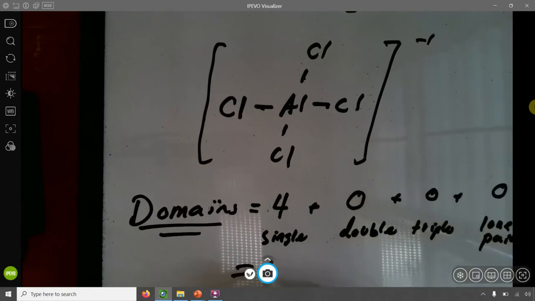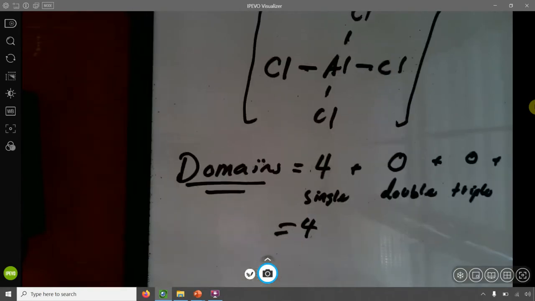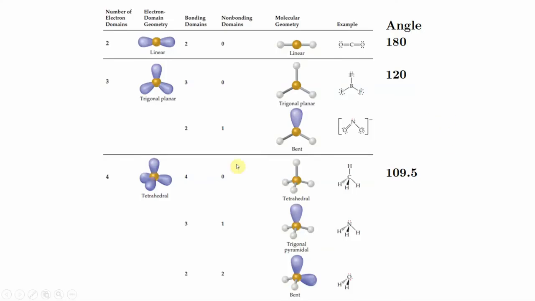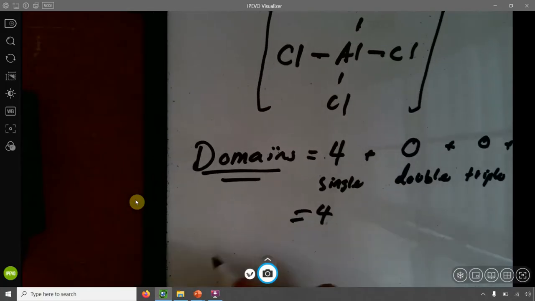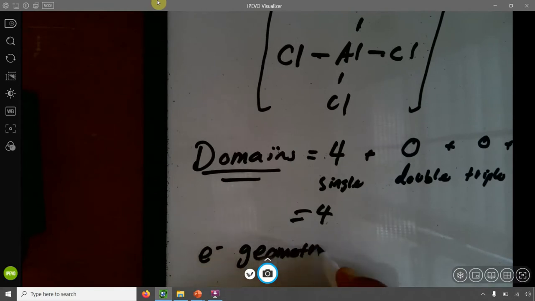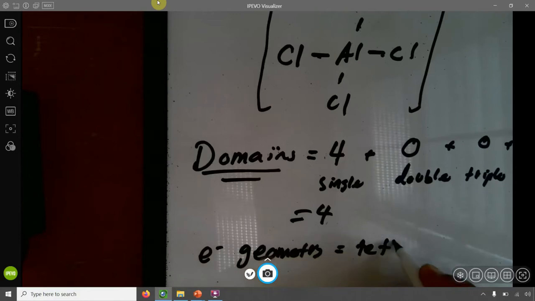So this thing is 4. You look at the table again. Here, the electron geometry is tetrahedral.